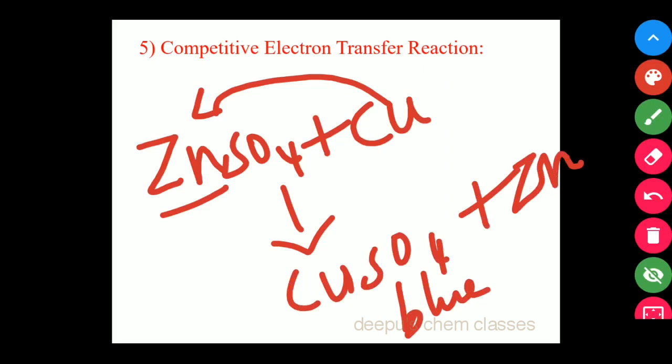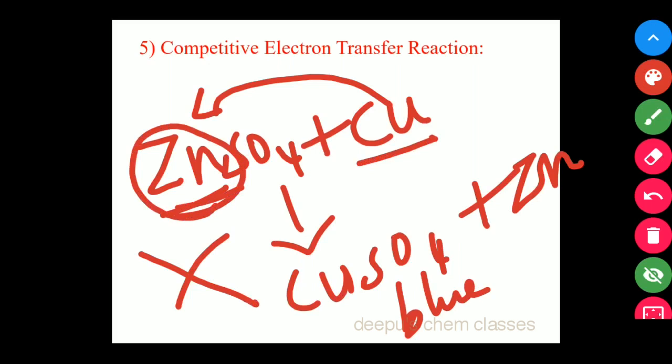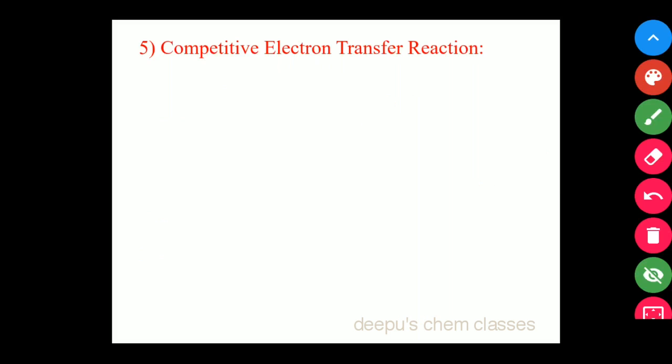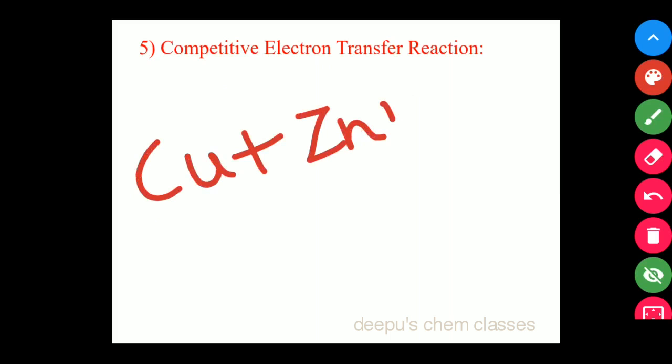But in actual practice, the reaction doesn't occur because, compared to zinc and copper, zinc only has the tendency to release electron, copper only has the tendency to accept electron. The one which releases electron only displaces another element from the compound. Okay, so remember this thing. If you take copper and zinc sulfate solution, the reaction usually doesn't occur.